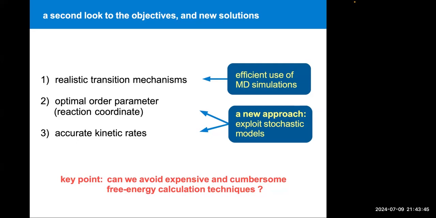Actually, the objective for me, in any case originally, was: can we avoid expensive and cumbersome free energy calculation techniques? Be careful, when I say expensive, some people can say, well, if you have acceleration techniques, they're not expensive. You can have transitions and maybe free energies in a limited time. This is true, but usually you get to very good results that you publish after many trials and errors.